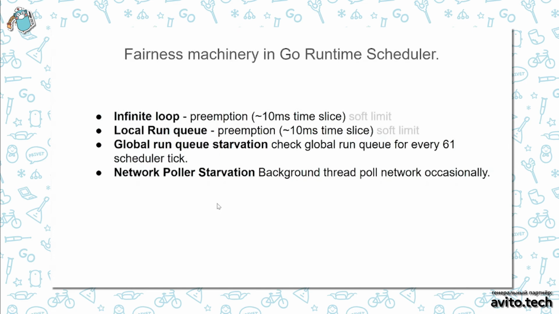It's also a soft limit, but be cautious with an infinite loop if it does not contain any function prologue. Till Go 1.13, the scheduler is not preemptive. If the loop does not contain any preemption point, it will prevent any other goroutine from running. A simple example is an infinite for loop. But with 1.14, with signal-based preemption, this is something that the Go scheduler tries to overcome.